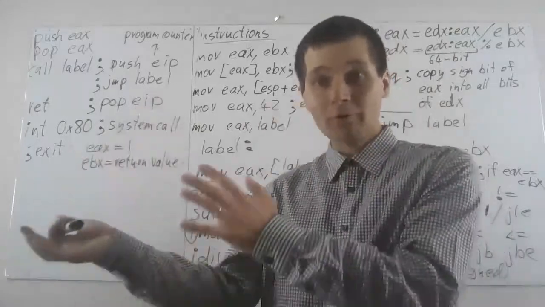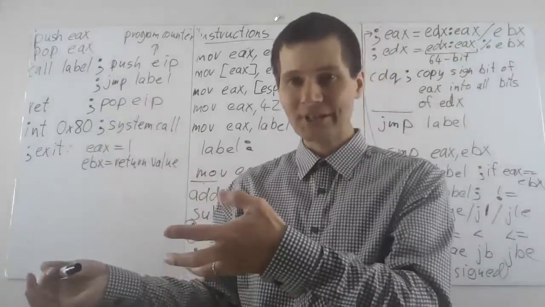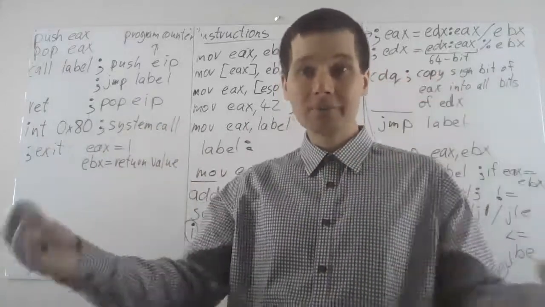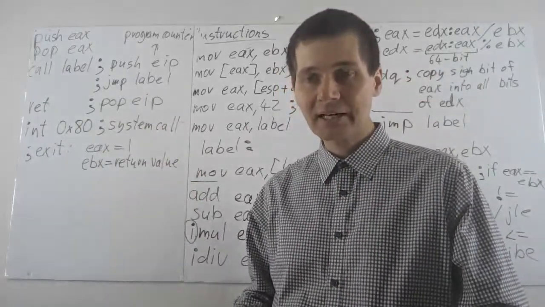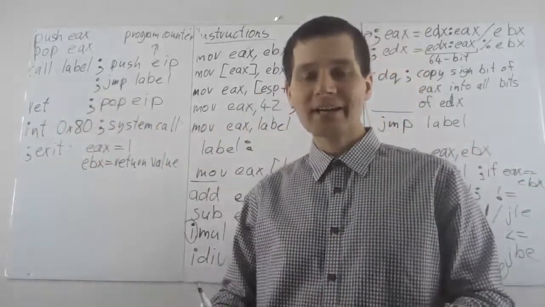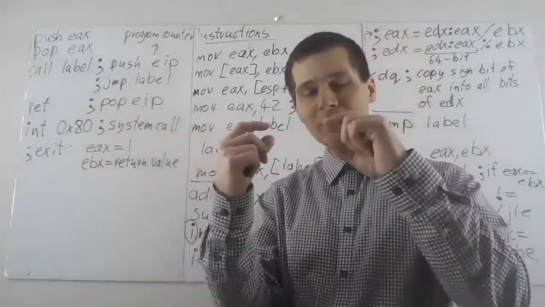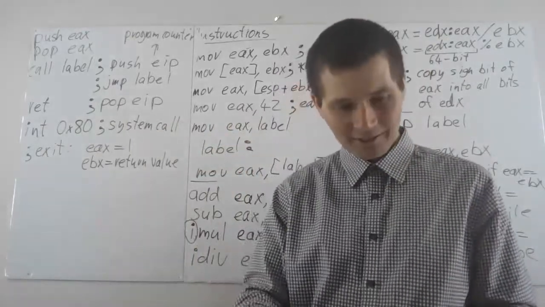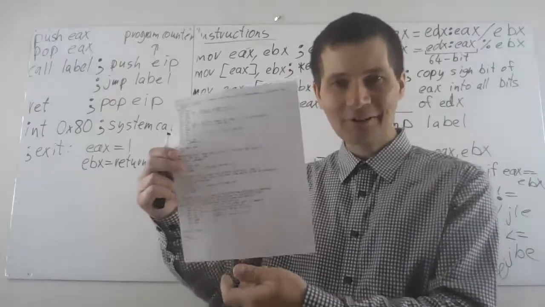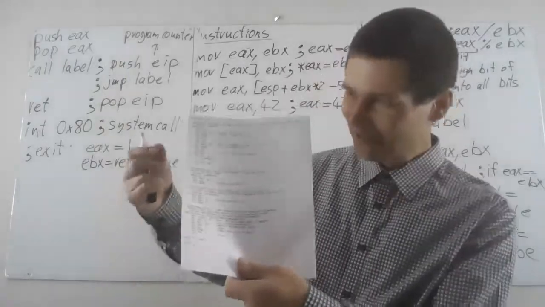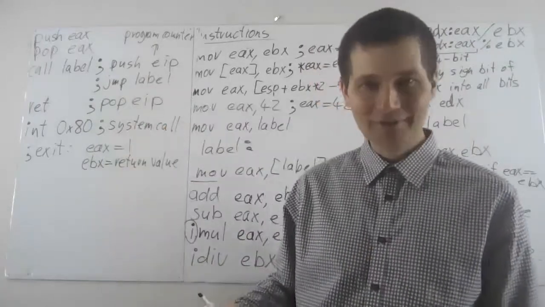So no, we won't be linking against libc, right? So you don't get to use all of these built-in C functions, but we will link against a really baby libc, and by baby I mean I printed it out and it fits on one page, but you don't have to copy it down from the YouTube thing.